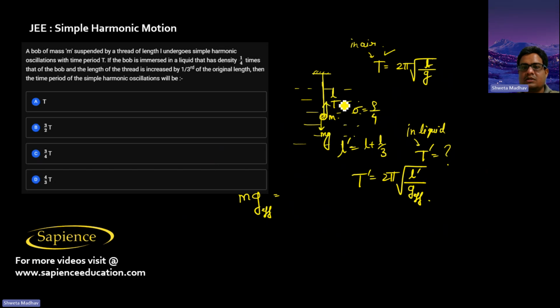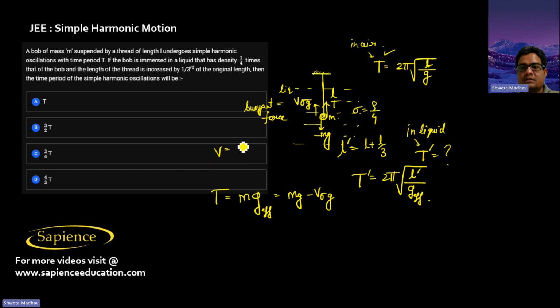Here tension is acting, and V ρ g, or Vσg, is the buoyancy force. The buoyant force, or the upthrust, will act on the bob when it is kept in the liquid. Now m g effective, which is the same as the tension, is equal to mg minus Vσg.